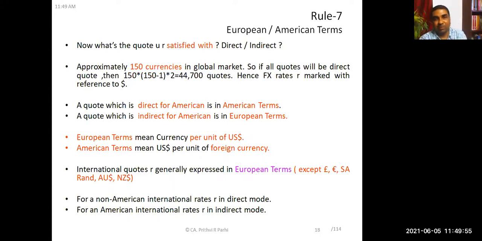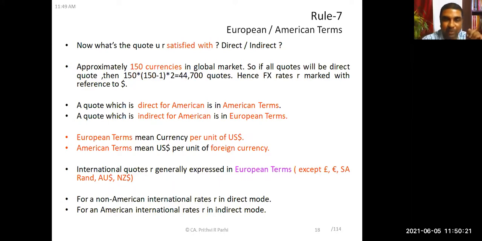But see how it will be possible if everybody tries for direct quotes. There will be so many quotes. Suppose roughly 150 currencies are traded. Everyone wants a direct quote for 149 currencies, and every country wants the same.